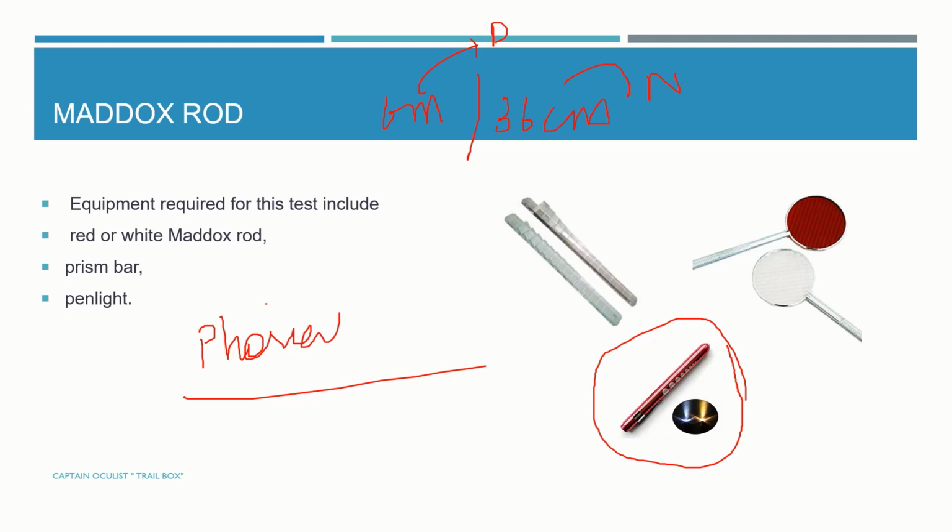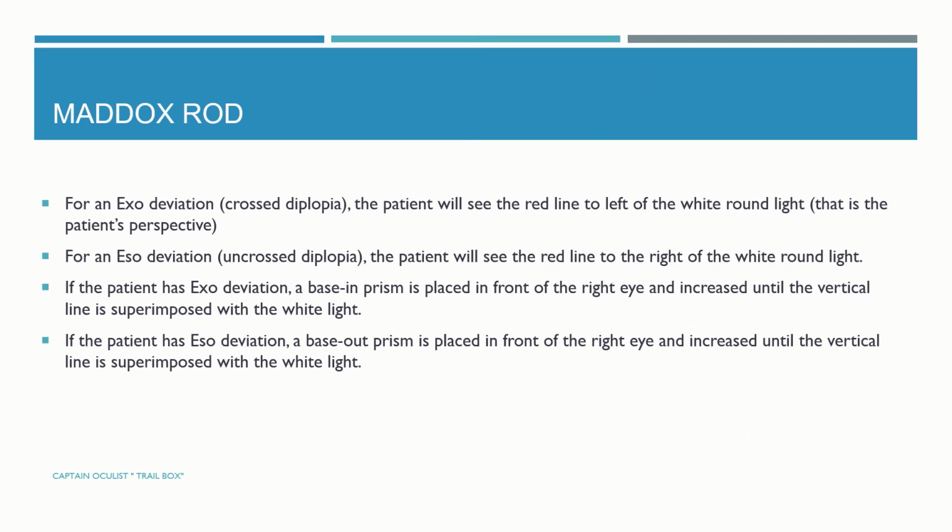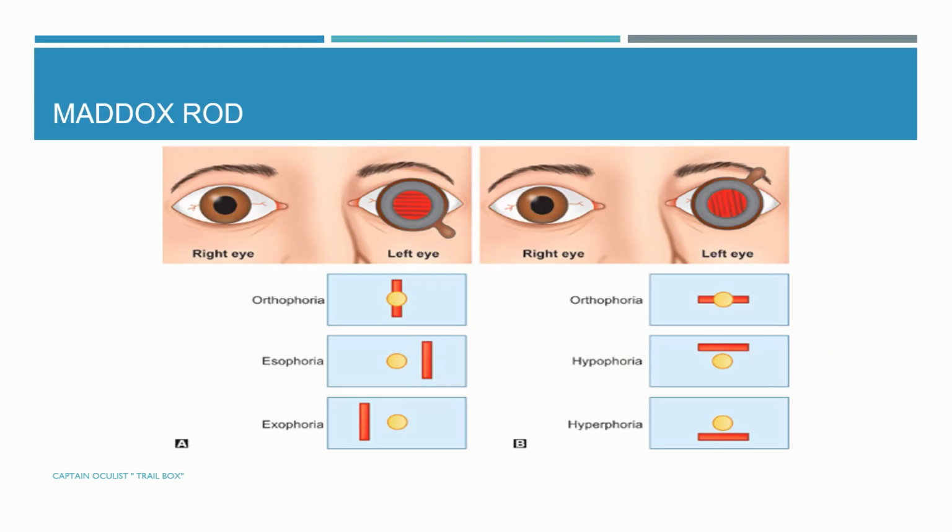Suppose that the patient has a latent squint or heterophoria. Detection of latent squint: when a patient with latent squint, exophoria, fixates on a point source of light, a single image is seen, as the phoria is overcome by the patient's fusion reflex.